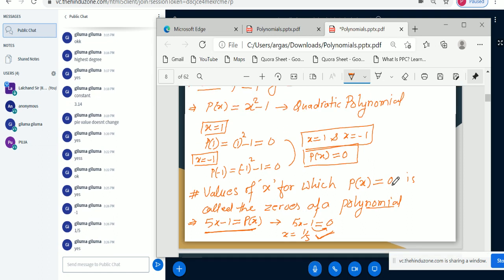What do you mean by geometric meaning of zero? Have you heard about geometric meaning of zero? In your earlier classes, have you heard the term geometric meaning or geometric interpretation of zero? Yeah, physical interpretation of zero?